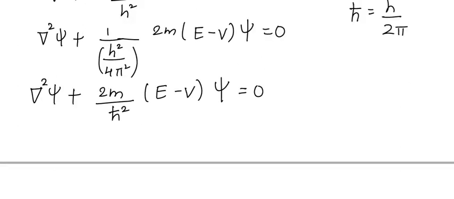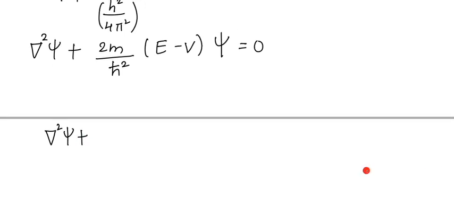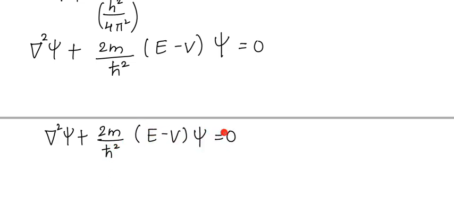Okay, so in general we just write this equation: nabla square psi plus 2m by h cut square (E minus V) psi is equal to 0, where psi here means psi of r, t.